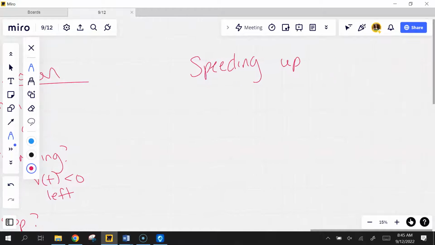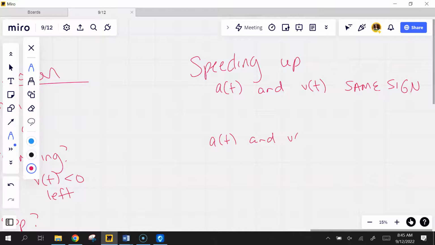Speeding up happens when acceleration and velocity have the same sign. It doesn't matter if they're both negative or both positive. As long as they have the same sign, then you're speeding up. If acceleration and velocity have opposite signs, that's when I'm slowing down.